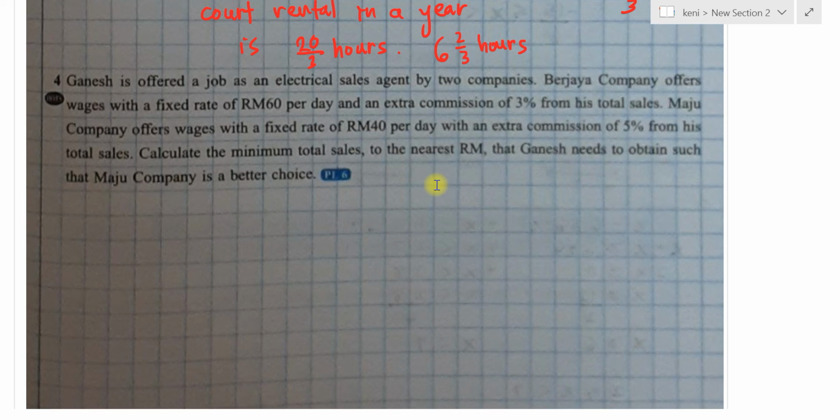Maju company offers a fixed rate of 40 per day and an extra commission of 5% of his total sales. Calculate the minimum total sales to the nearest RM that Ganesh needs to obtain such that Maju company is a better choice.